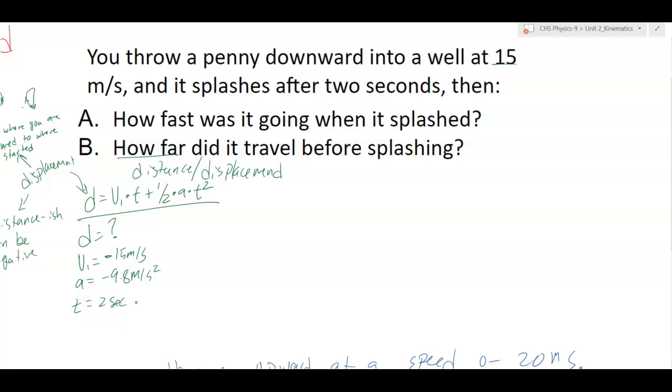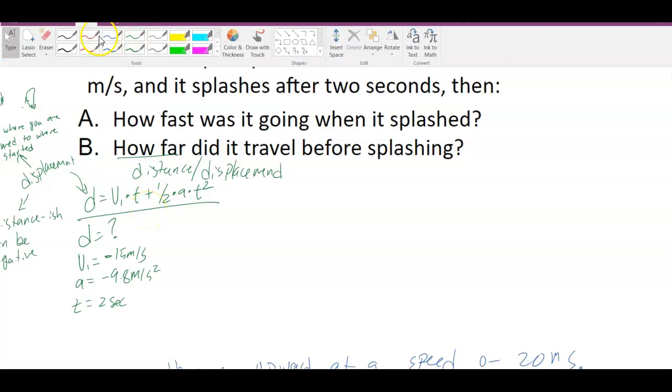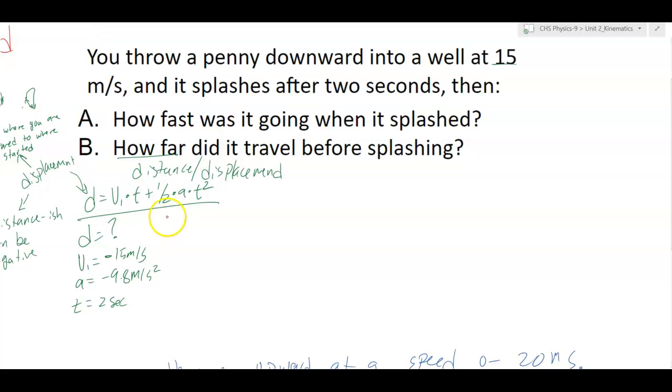So all those are the same as before, but now we're just going to plug it into this equation this time. Okay, now I'm just going to start plugging in our values.